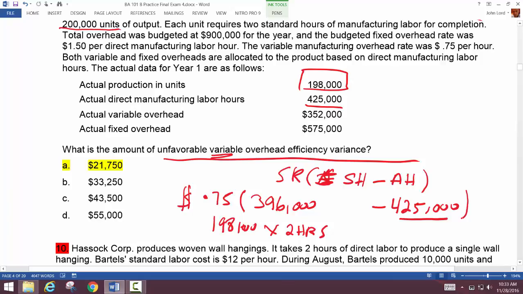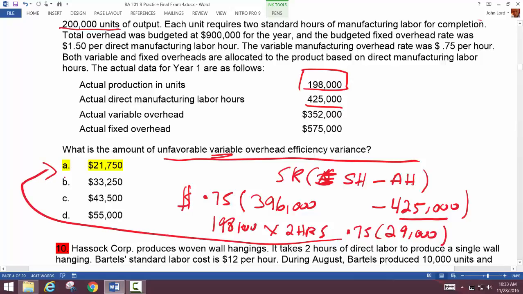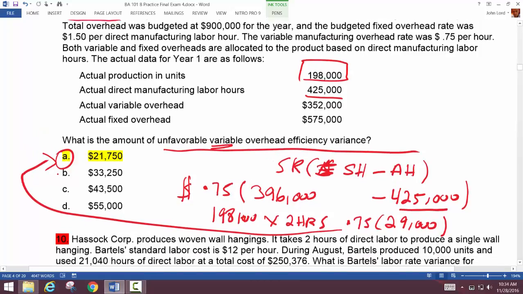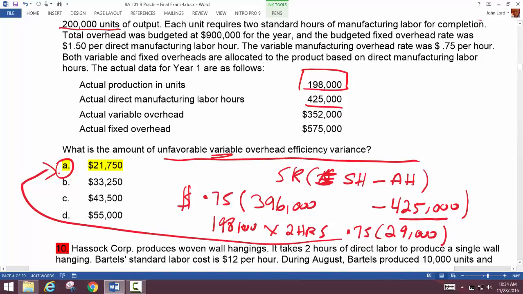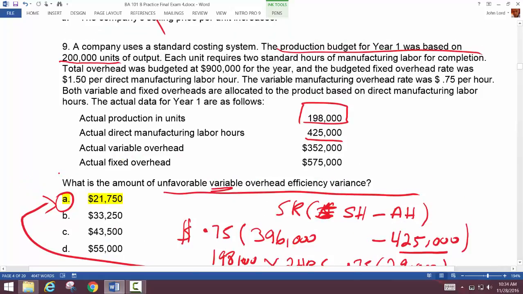396 minus 425 is 29,000. Does that give me the answer here? Okay, good. Be careful, guys, because of what I was hearing called out in some of the responses.